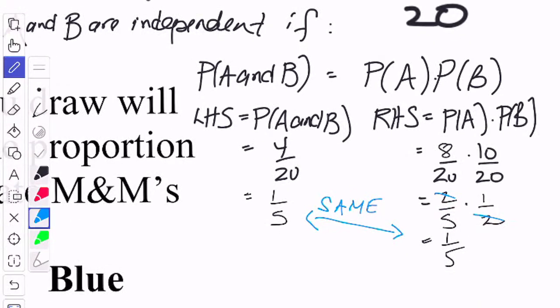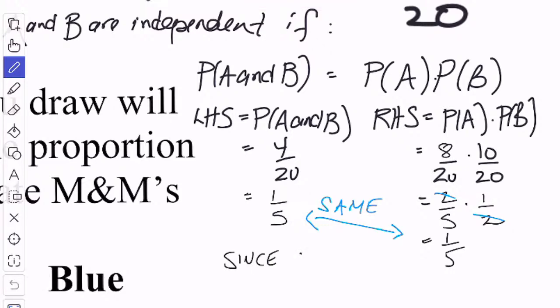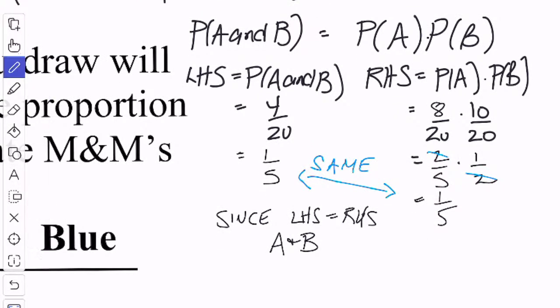Let's conclude with this statement: since the left-hand side equals the right-hand side, A and B are independent. Now, if you don't like this way, let's try the next way of making this proof.